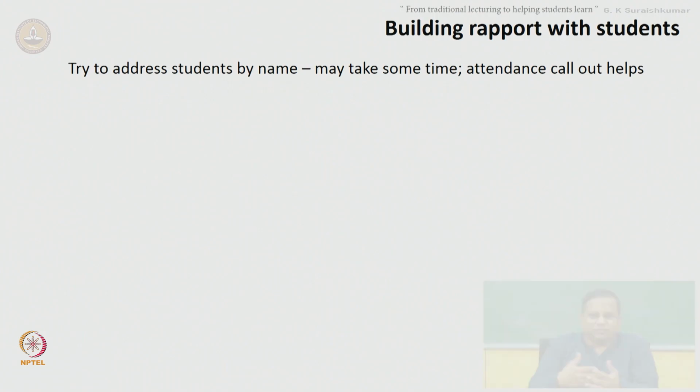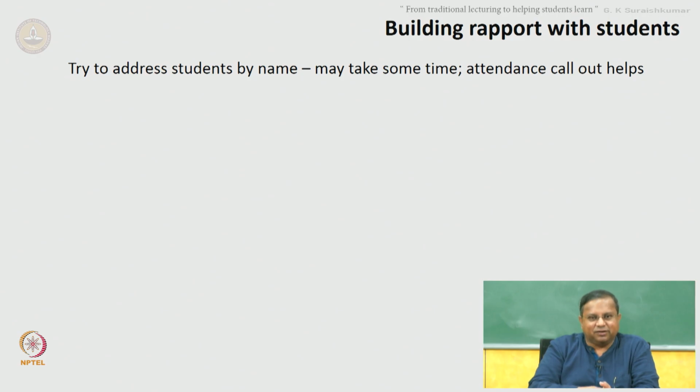Building rapport with students through lectures. Try to address students by name. Okay. For people like me who quickly forget names, this might be a challenge, it might take time. How I do that is I take attendance by names, okay, essentially to connect the names with the faces. Still it takes me quite a bit of time to become comfortable with all the names, and then I start using the names to address them.